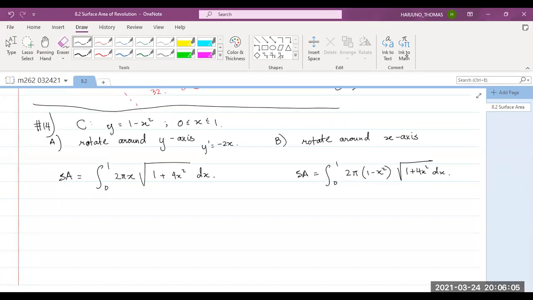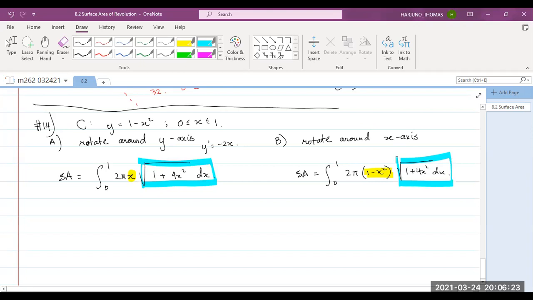Yeah, this is what I get, but if you go around the y-axis, the radius is x. If you go around the x-axis, the radius is y. But both of them have ds. Oh, okay. So I just put in y instead of substituting the y value in.